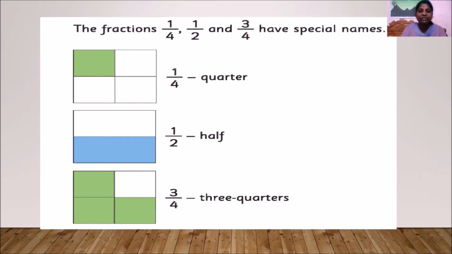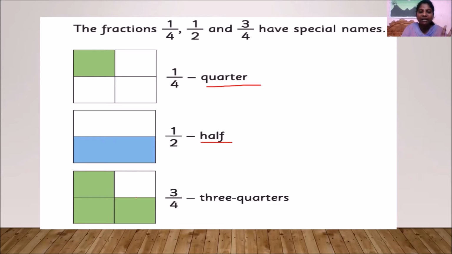It is written as 1/4. It has a special name called quarter. In the second, the rectangle is divided into 2 equal parts and 1 part is shaded. It is written as 1/2. It has a special name called half.